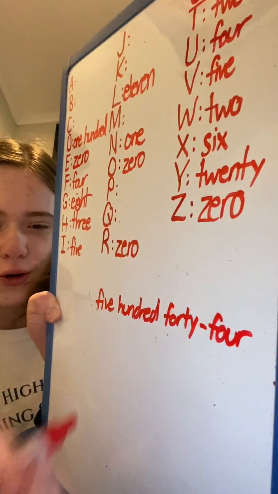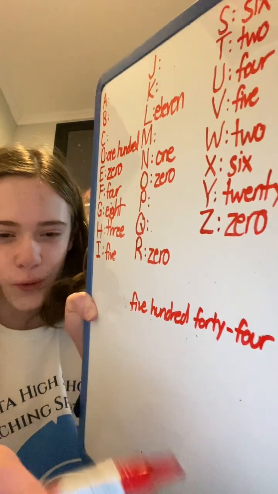Nothing. How about 103? Nothing. How about we take 544? There's no new letters in 544 either. And this applies for any number up to 1,000.